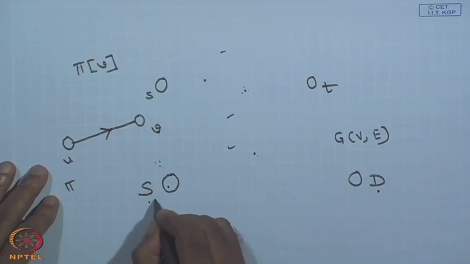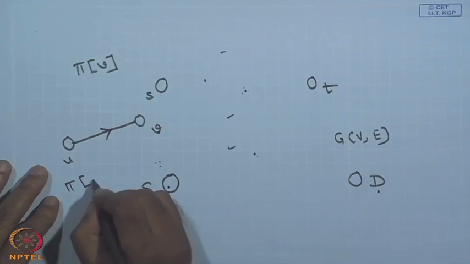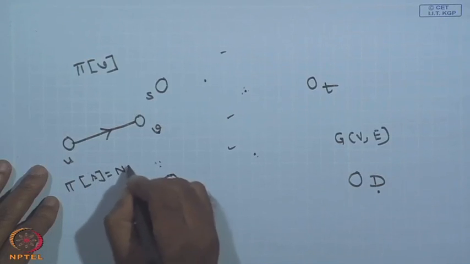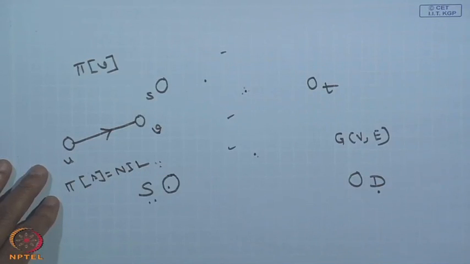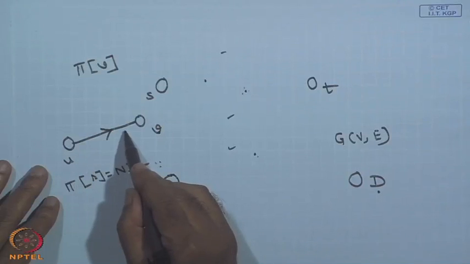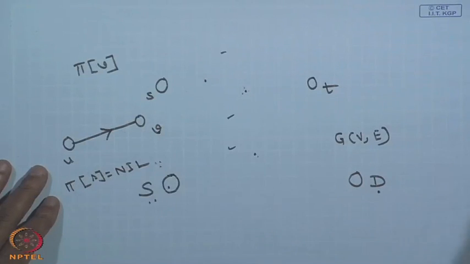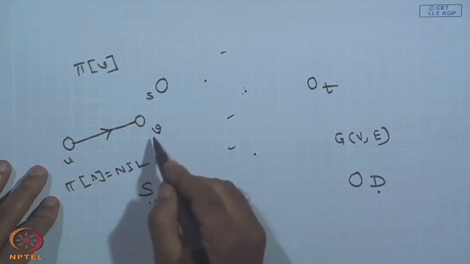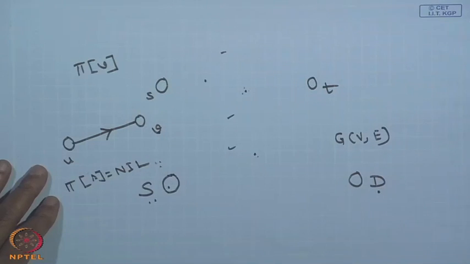That is, if this is the source vertex say S, then pi of S equals nil. So, for the source vertex it is always nil, otherwise, if from U to V there is a shortest path, then we say that U is the predecessor of V.